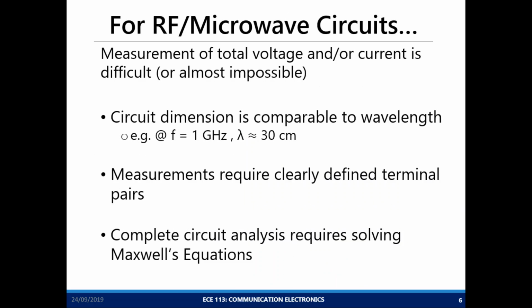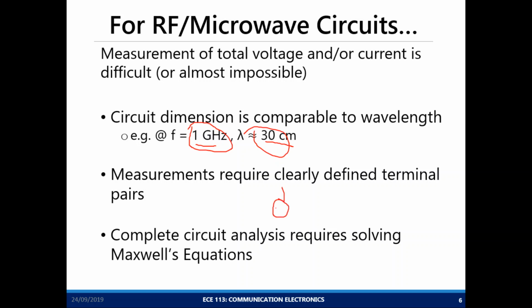In high frequencies, let's say if you're operating at 1 gigahertz, the wavelength is 30 centimeters. The length of the circuit is already significant compared to the wavelength of your electromagnetic wave.